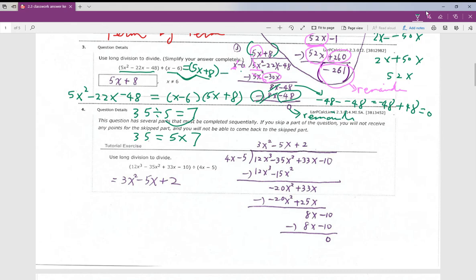And when there is no remainder, you can simply say you can factor. When it divides evenly, it means you can factor this dividend into two factors. The first factor is the divisor, and the second factor will be the quotient.